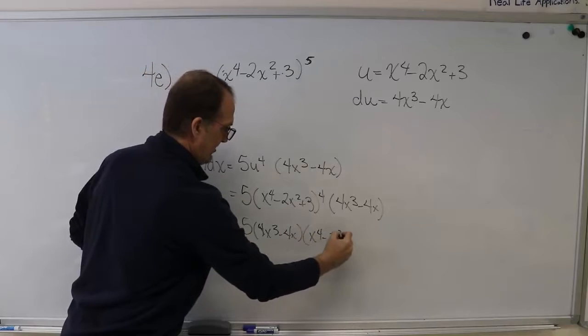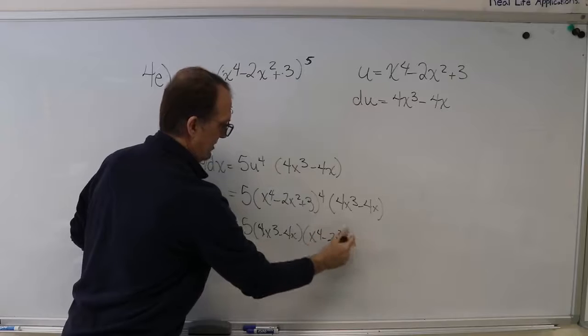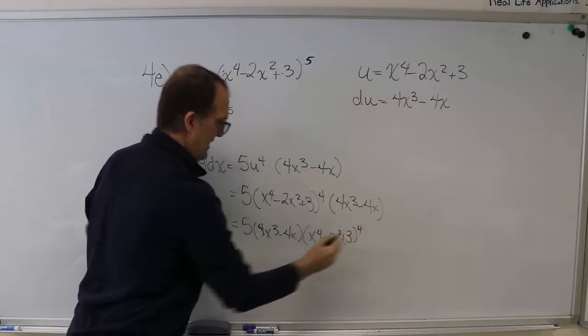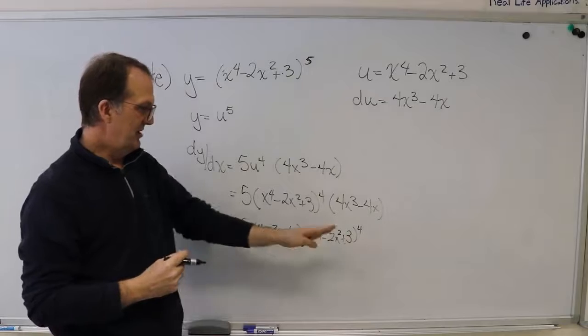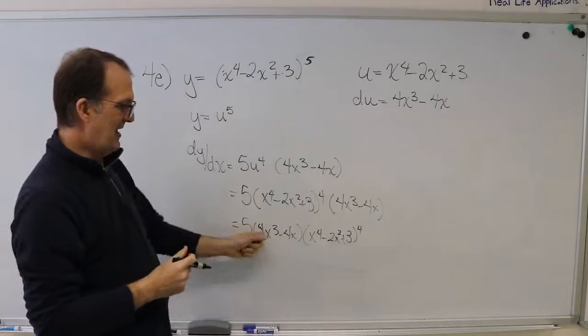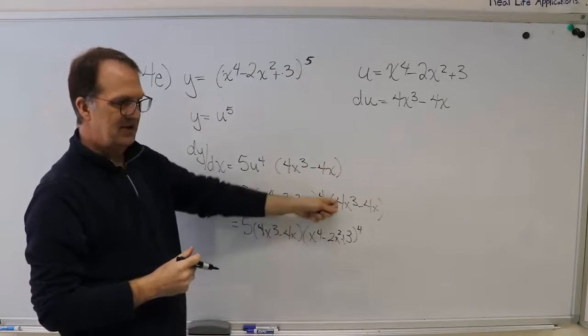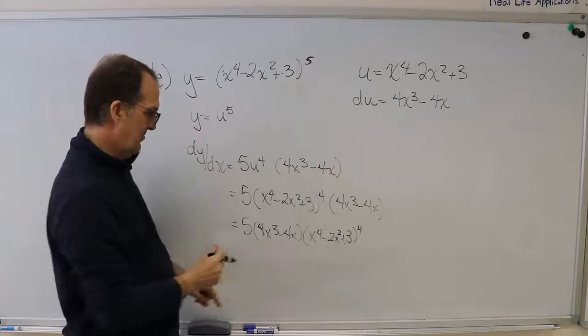And the only reason I'm doing that is because we have this with the exponent, so it's kind of like saying 5a to the fifth, or actually it's not a.